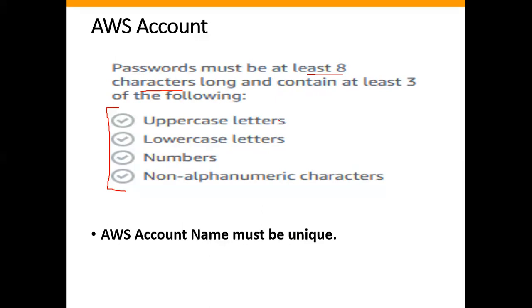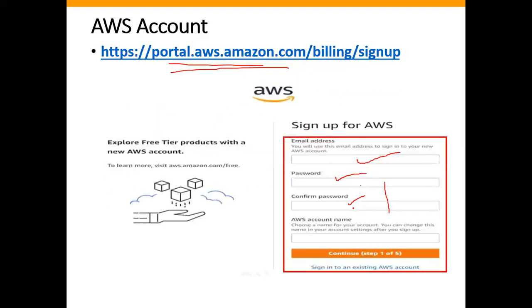And out of these 4 things, you need to give at least 3: uppercase, lowercase, number, non-alphanumeric, which means you can use symbols. So these are the rules and regulations you need to follow for your password.